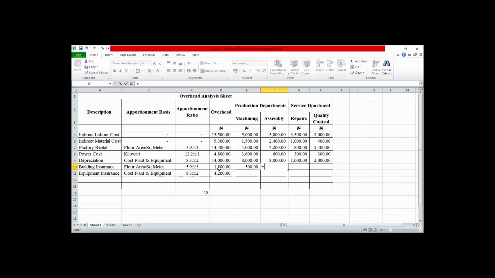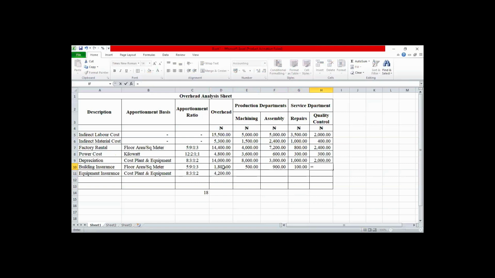This is correct. I have 9 divided by 18 times 18,000, which is 9,000. Then 1 divided by 18 times 18,000.